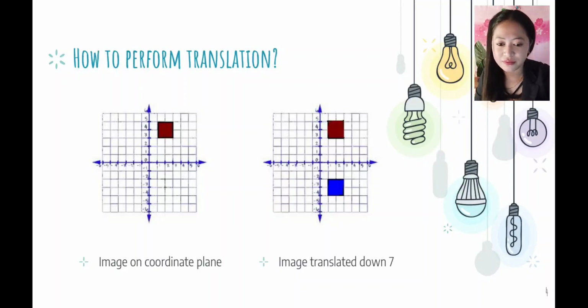The point at (3, 5) moves to (3, -2). (1, 3) moves to (1, -4). And (3, 3) moves to (3, -4). So this is the image translated down 7.